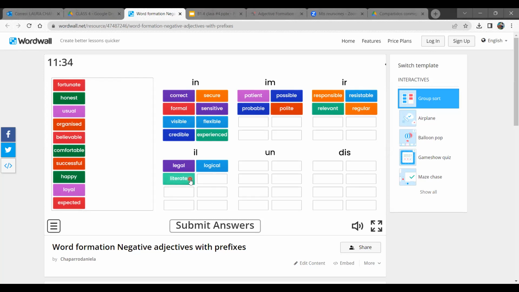Any ideas? Is it literal or not? Literal, no. No, it's not literal. Which one, sorry? Somebody was saying something? It's someone who knows. Okay, literally is someone who knows a lot of things.